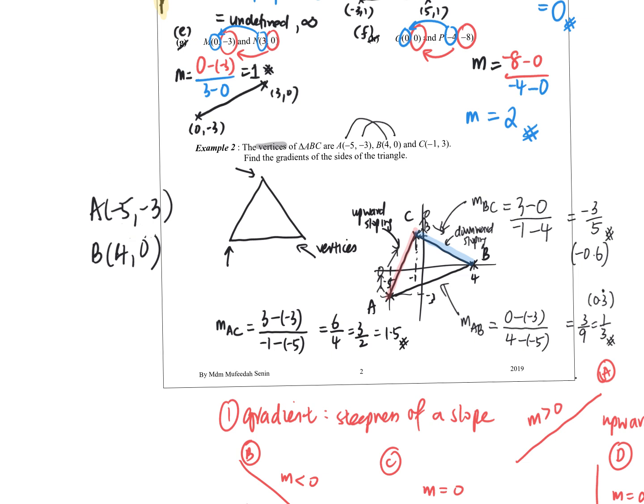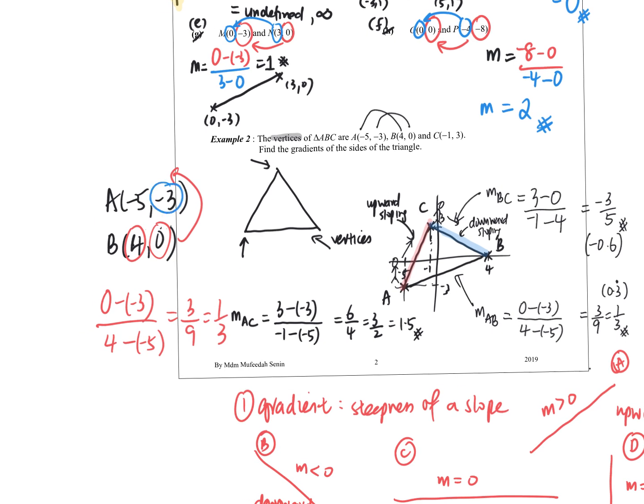So I show you, if let's say I choose this to be Y2. So Y2 minus Y1 over X2 minus X1. I get 3 over 9, which is 1/3. If I swap it around, it's going to give me the same answer. So minus 3 minus 0, over minus 5 minus 4.